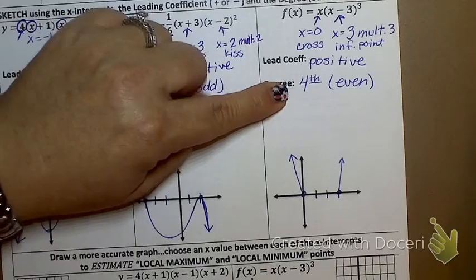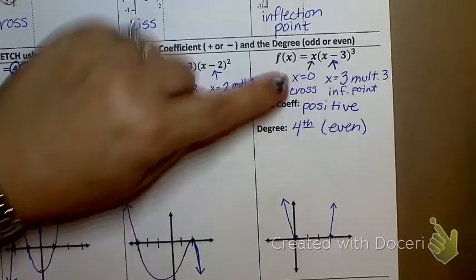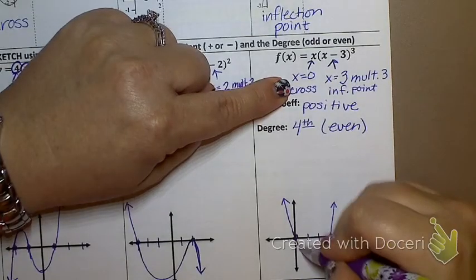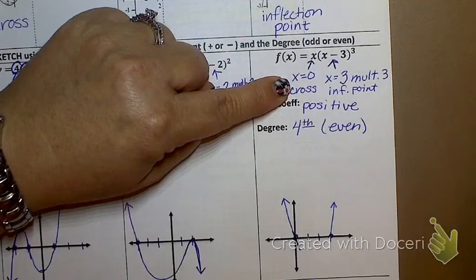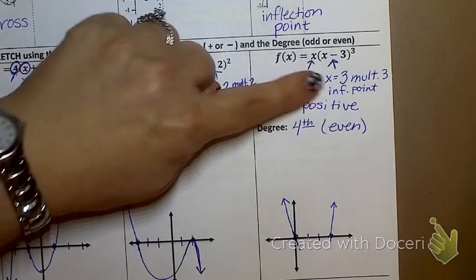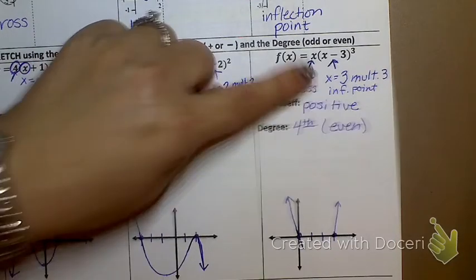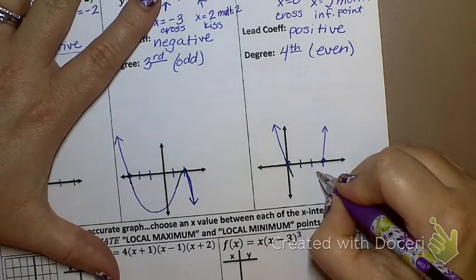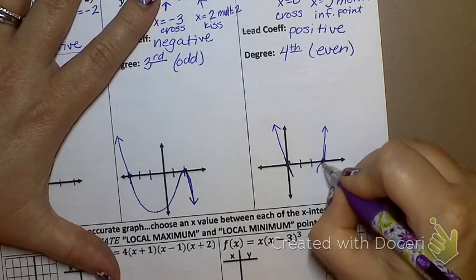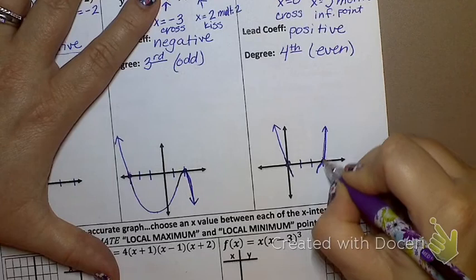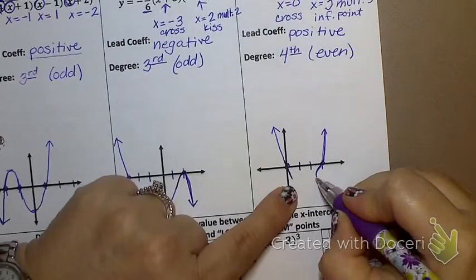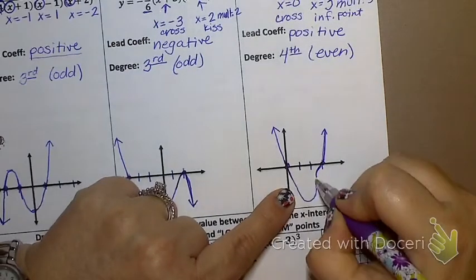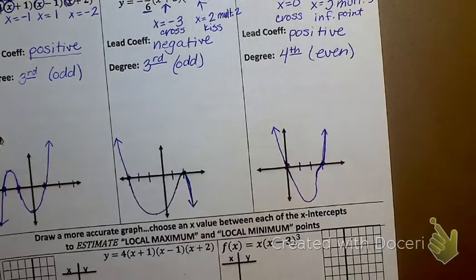Okay, and now, let's see, at 0 we have a cross. So it's just going to cross straight through the x-axis there. What do I have at 3? An inflection point. So this is actually going to curve something like that right there, and then I have to connect those two ends, so at some point it's going to curve and come back up. And that's what my fourth degree equation would look like.